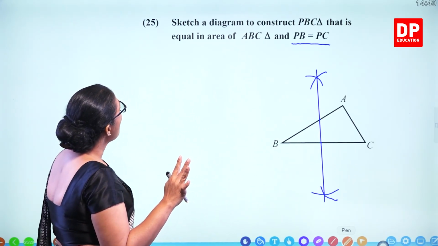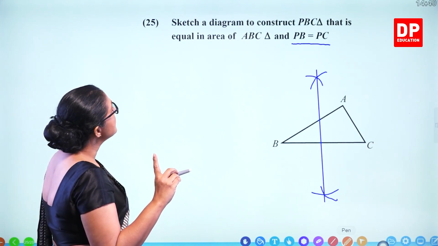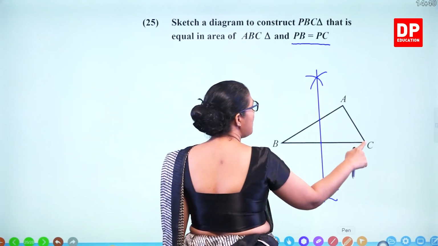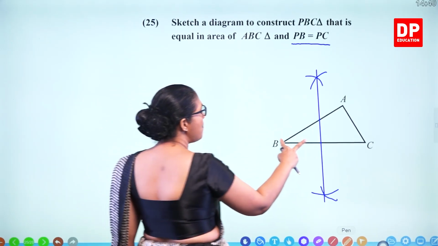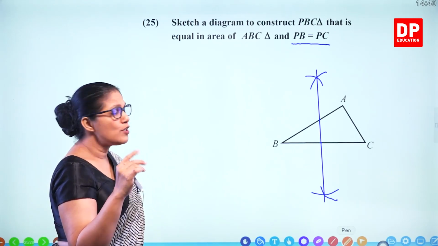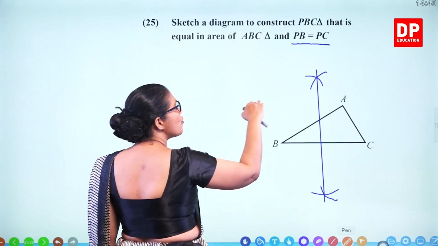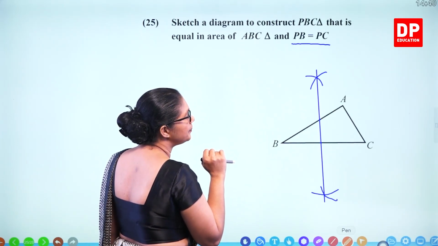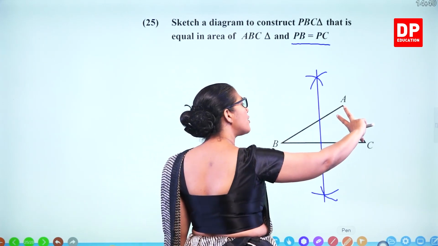Then what is the other requirement? The area of PBC is the same as the area of ABC. That means the triangle with the same base should be inside two parallel lines. So basically you have to draw a line parallel to BC. How do you draw a parallel line? You can use the parallelogram method.